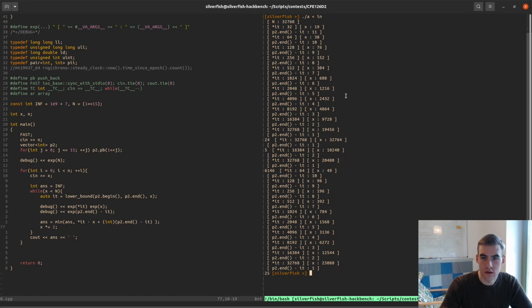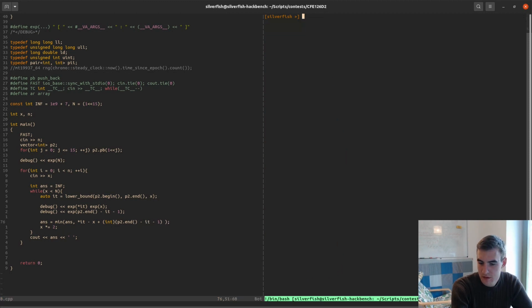Okay, so that needs to be up to 15. 19, the next power is 32. And from 32, how many times do I need to multiply by 2? 2 to the 11 times 32? I need to do that minus 1. That's it minus 1. There's the off by 1 error I was referring to.